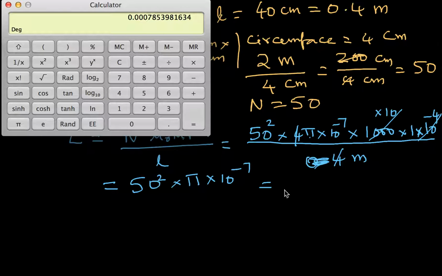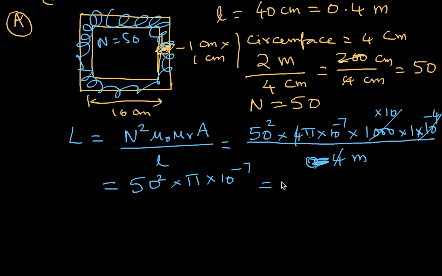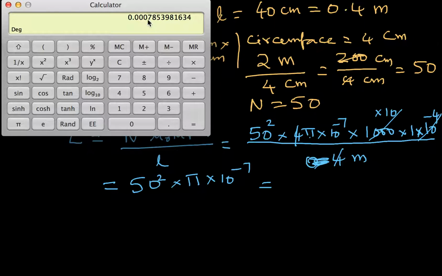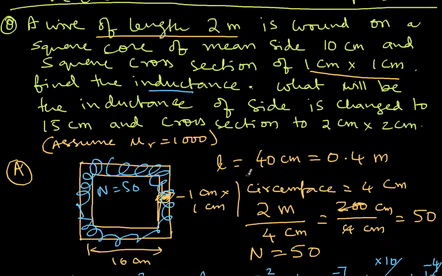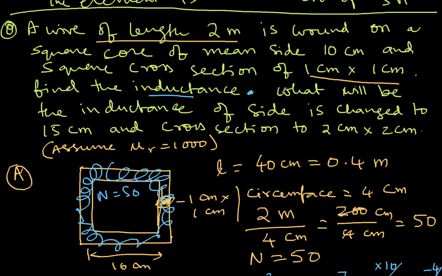So I'm getting this value. If I want to convert into millihenries, I get this value as 0.785 millihenries. So this is my inductance. Now let's go back to the question. Up to here I solved it.